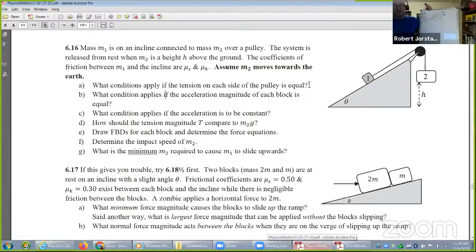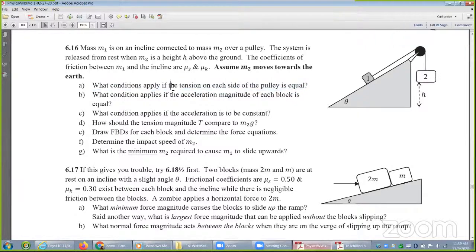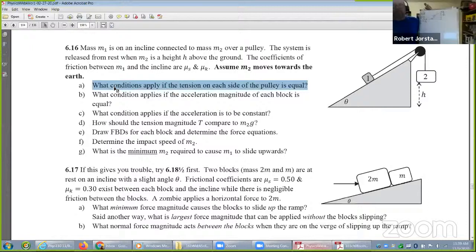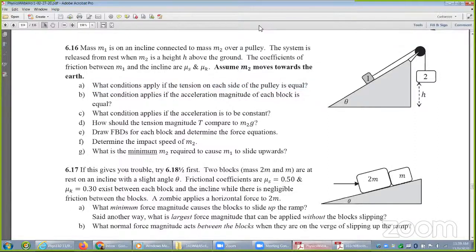Okay, what conditions apply? If we want the tension to be equal, does anybody remember? Obviously, you could look it up, but if tensions are equal, is acceleration 0? No. You could have the same tension and still be accelerating. That's a good guess. Not it. Is it the pulley axle being negligible?